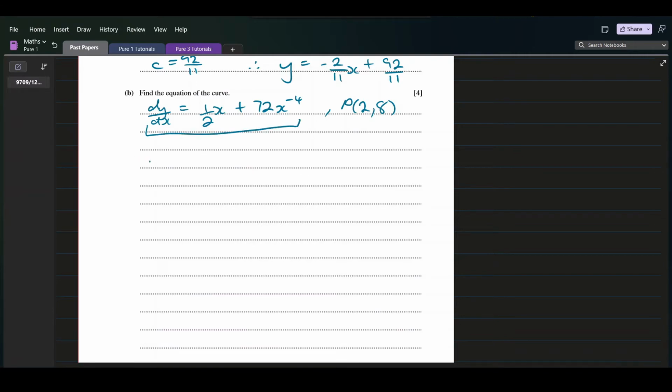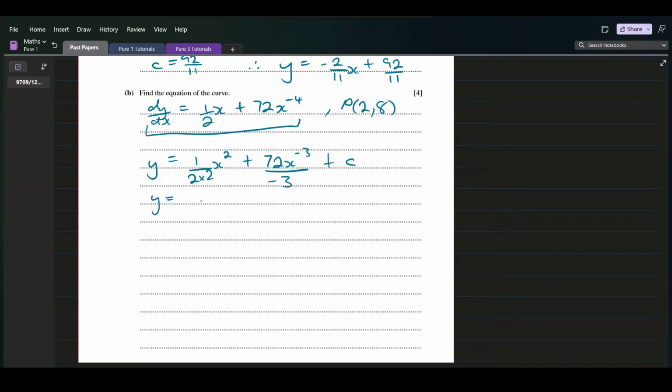So y is equal to, if you integrate half x, you get 1 over 2 times 2, x to the power 2, plus 72, if you raise minus 4 plus 1 is minus 3. So that's 72x to the power minus 3 over minus 3 plus our constant of integration.